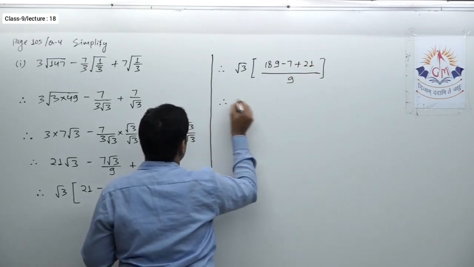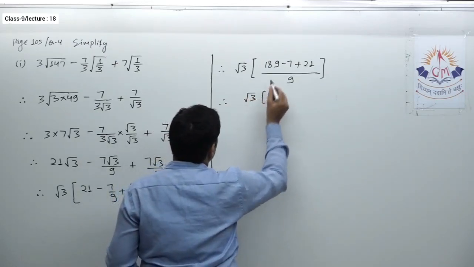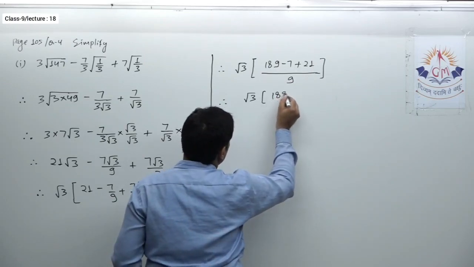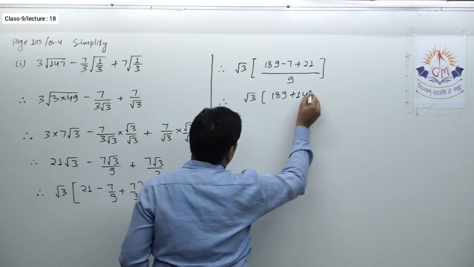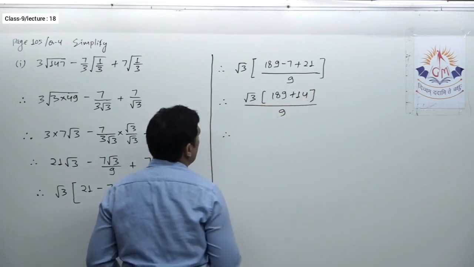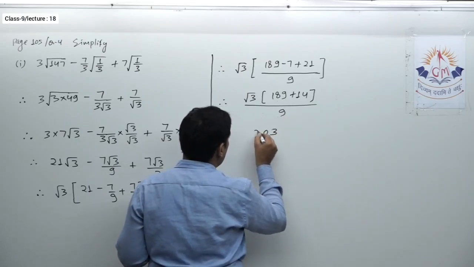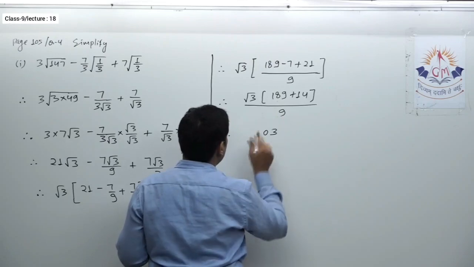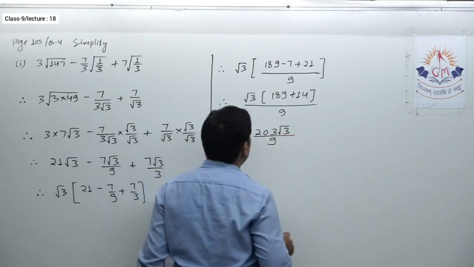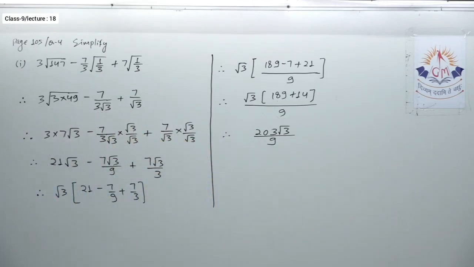So here I get root 3 into 189 plus 14 upon 9. My final answer is going to be 203 root 3 upon 9. This is my final answer, so please note it down. Then we will see the next question.